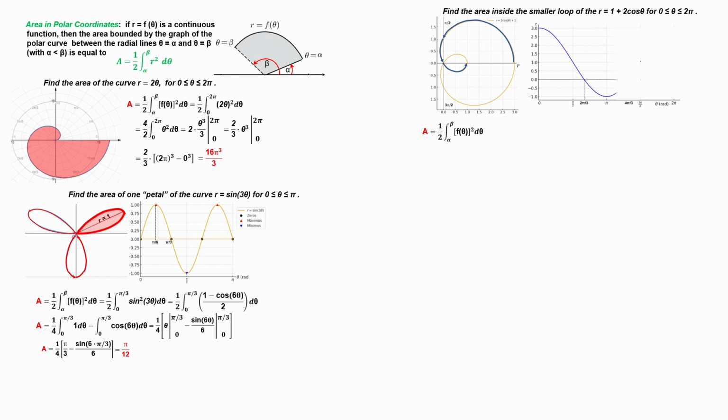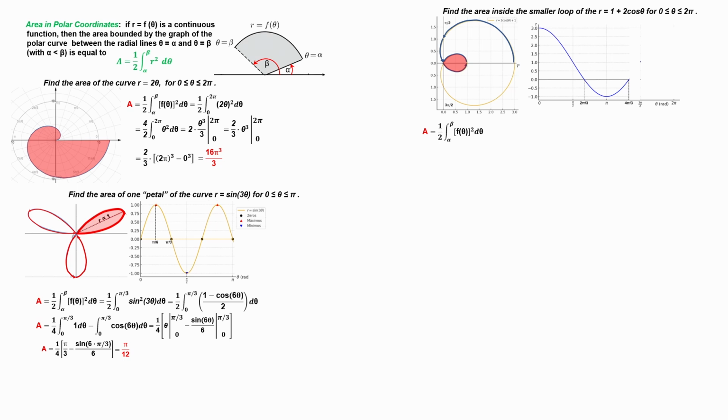As theta increases from pi to 4 pi over 3, r decreases from 1 to 0. Thus, as theta increases from 2 pi over 3 to 4 pi over 3, the radius r increases from 0 to 1 and then decreases back to 0.